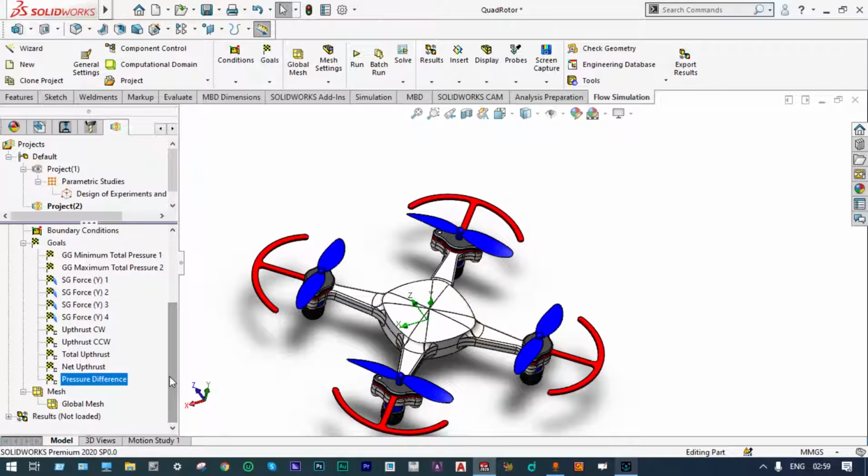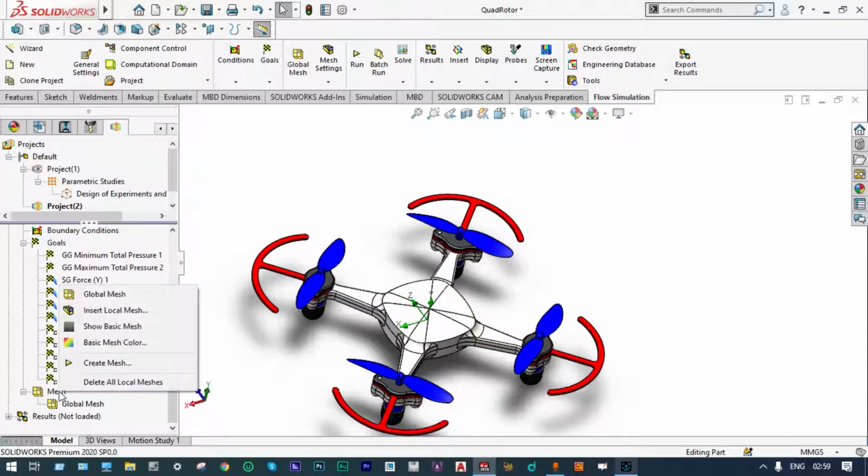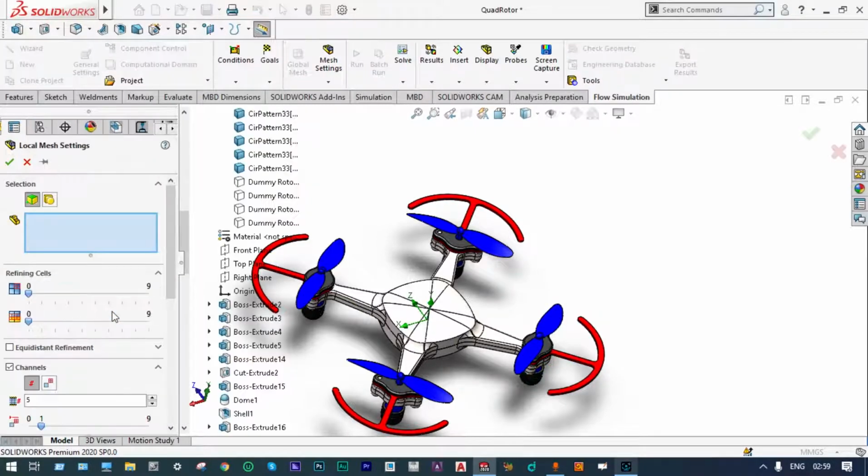Next, we have to go for some kind of local meshing. Let us select that mesh. Insert local mesh. And for local meshing, we have to select the surfaces or local regions. Let us select the two regions.